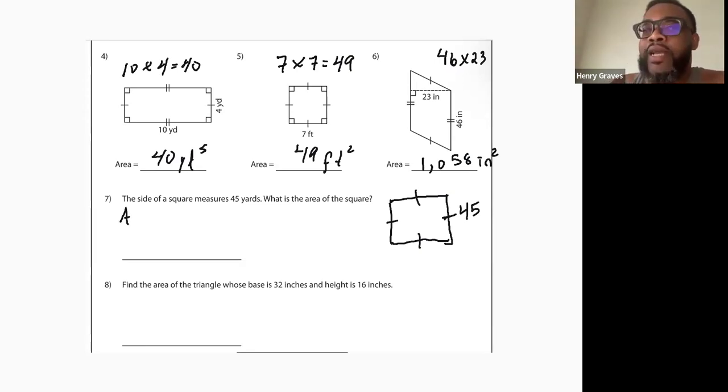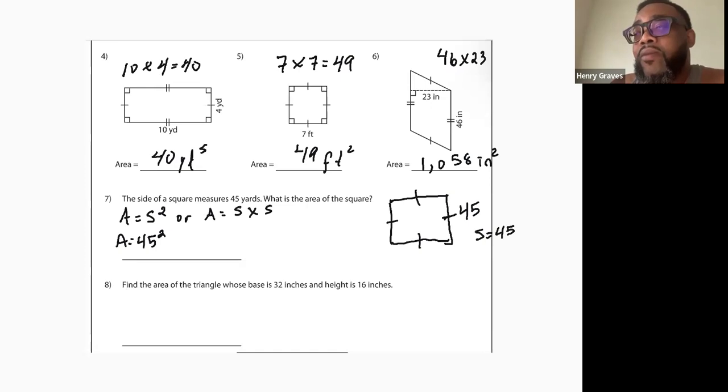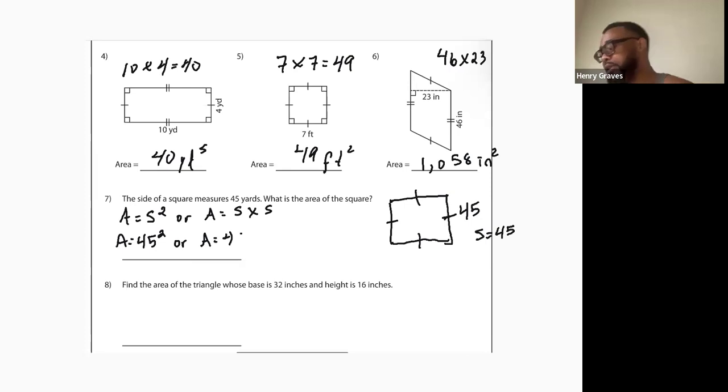So my area is going to be either 45 to the second power or 45 times 45. I get my calculator, I do 45 times 45, and that gives me 2025.